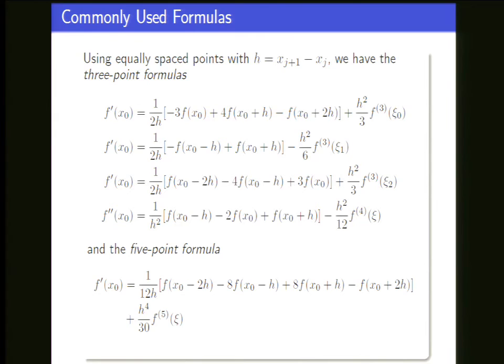I need 2 more terms. It's going to be plus a 1/6 of the third derivative at x0 times h cubed. And then let's terminate by a 24th of the fourth derivative, evaluated at some point xi times h to the 4. And I'm going to call it xi1.